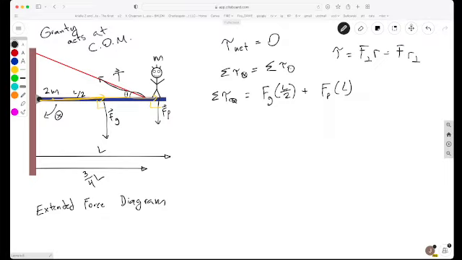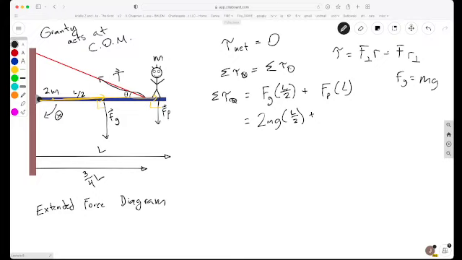We can go a little bit further. We know how to find the force of gravity here. Fg is just mg, and we know the mass of each of these things. So for the plank, its mass is 2m, so this is going to be 2mg times L over 2.